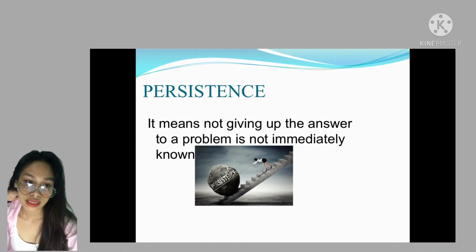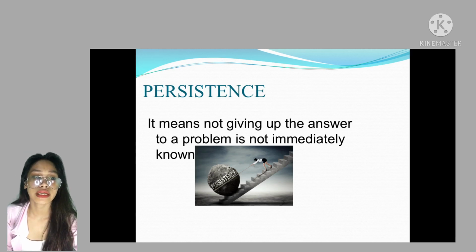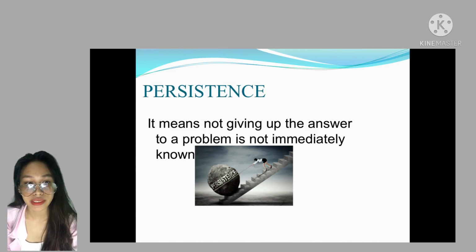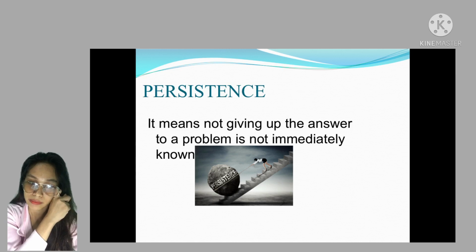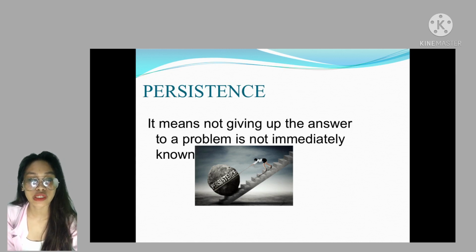Number 1. Persistence. It means not giving up, even when the answer to a problem is not immediately known. In psychology, persistence is a personality trait measured in the Temperament and Character Inventory and considered one of the four temperament traits.